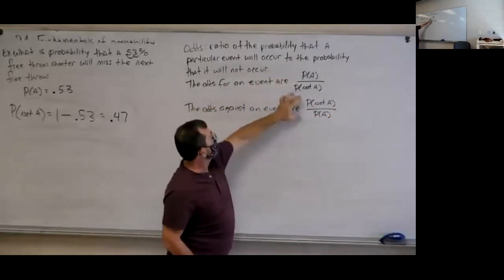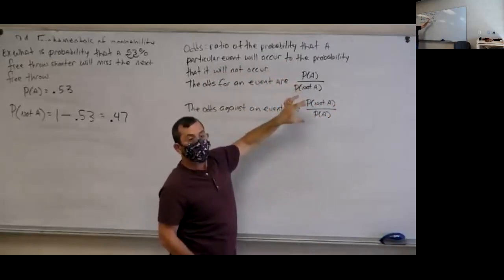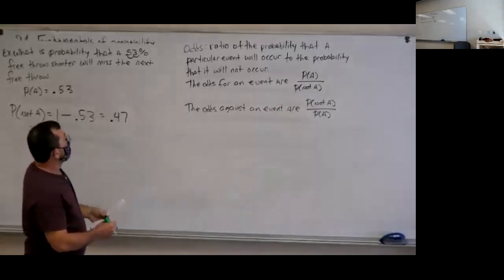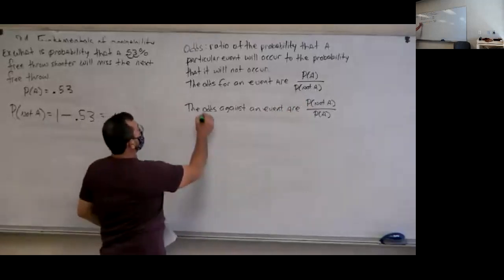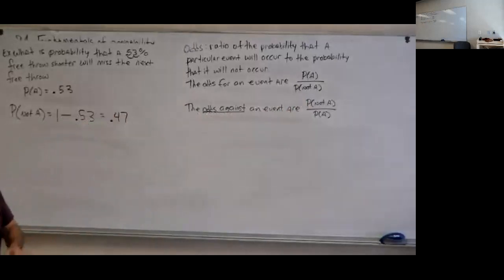Odds against an event is the odds of the event not happening divided by the odds that the event does happen. So when you're gambling, usually they're using odds against when you do that gambling.